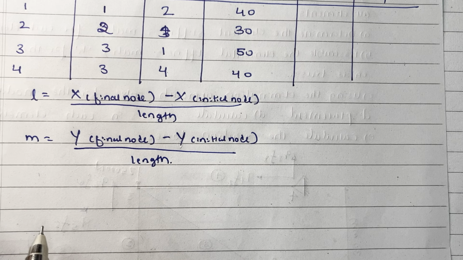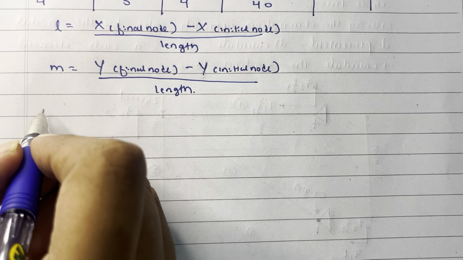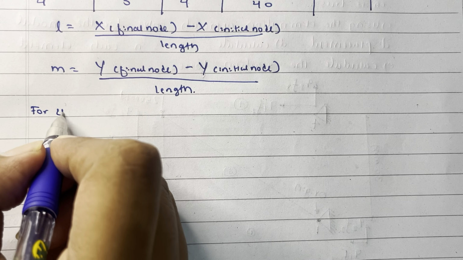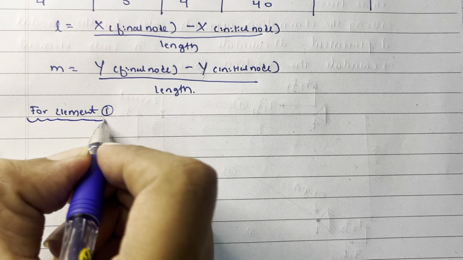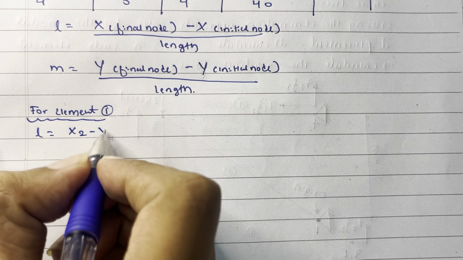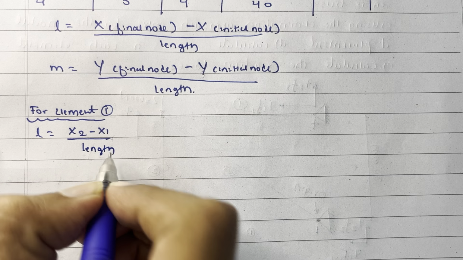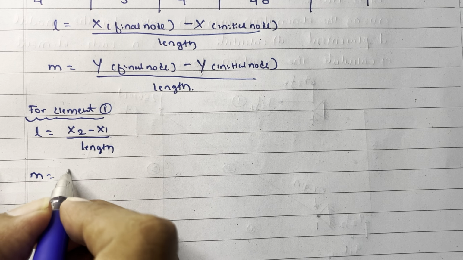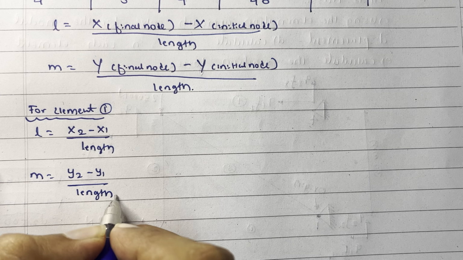Okay, so for element 1, L is equal to x2 minus x1 divided by length. Similarly, M is y2 minus y1 divided by length.